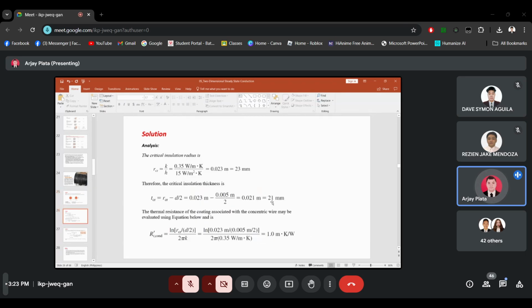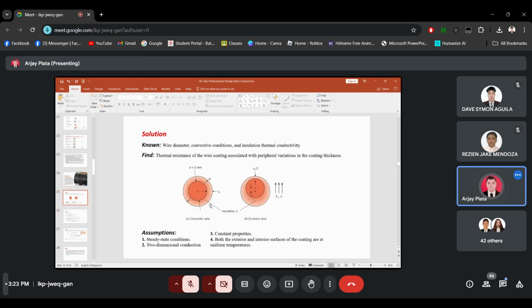Okay, so we have 21 mm, the critical thickness. So the thermal resistance for the coating associated with concentric wire. When we say concentric, it's the perfectly insulated one.